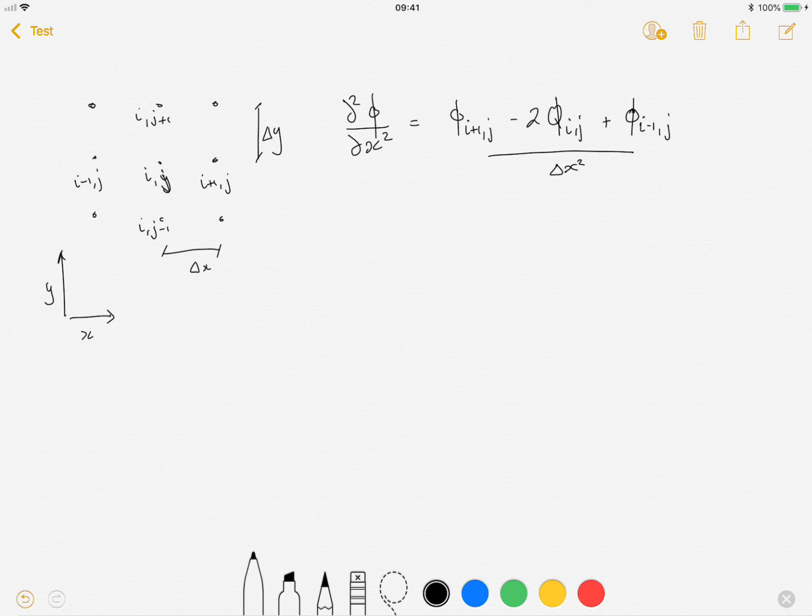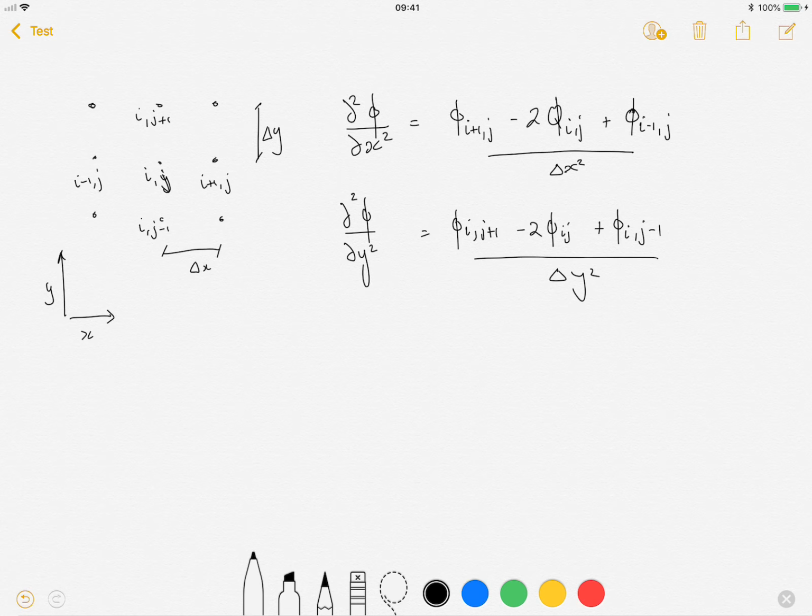And then in the y direction, we have the second derivative of phi with respect to y is phi i, j plus 1 minus 2 phi i, j plus phi i, j minus 1, over delta y squared.